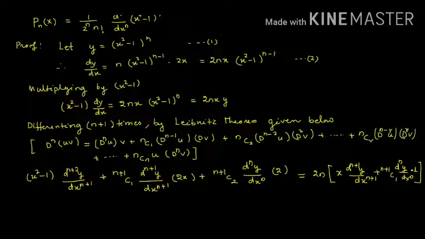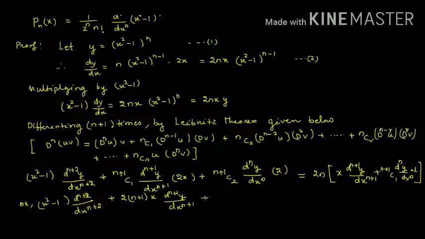Now, or x square minus 1 dn plus 2 y by dx n plus 2 plus n plus 1 c1, that is n plus 1, this is the combination, and 2x here. So this is 2n plus 1 into x dn plus 1 y by dx n plus 1 plus then n plus 1 c2.